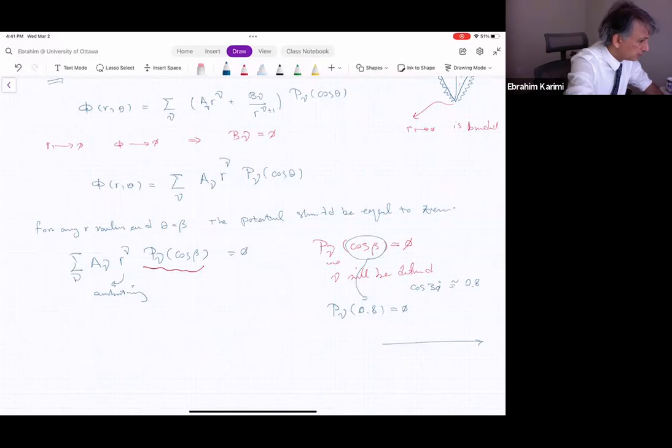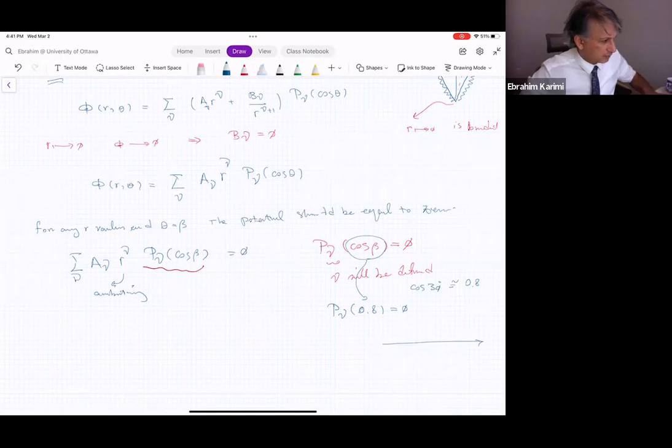That's a plot of this Legendre. I'm doing a screen sharing from a different platform, guys. Stop screen sharing here, and I will come back.